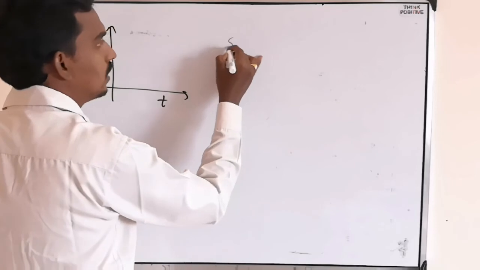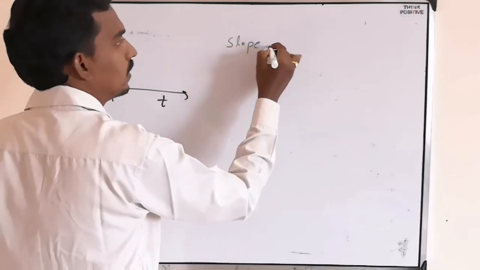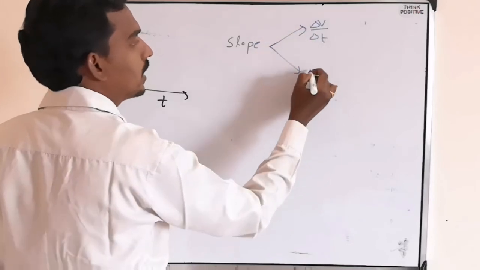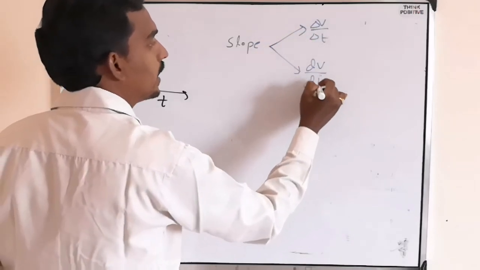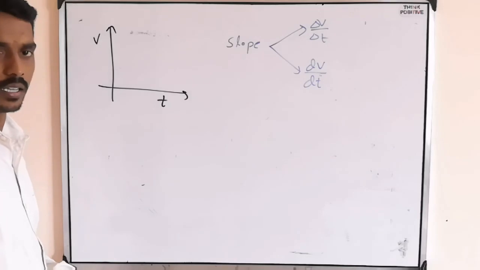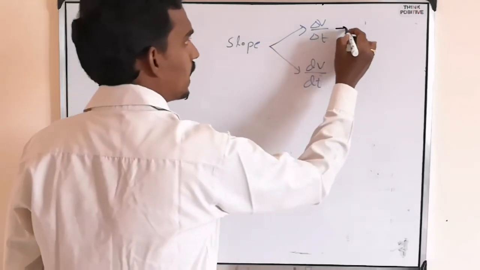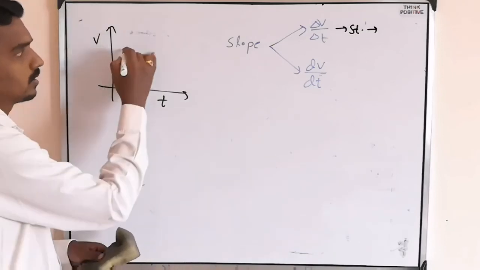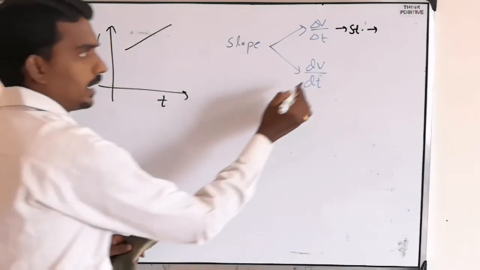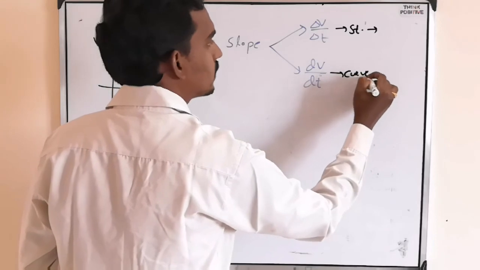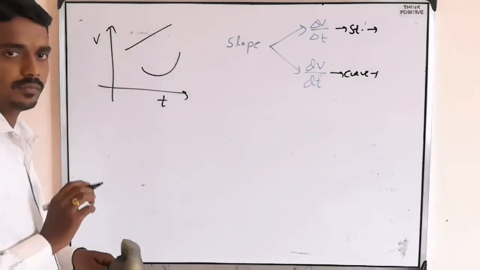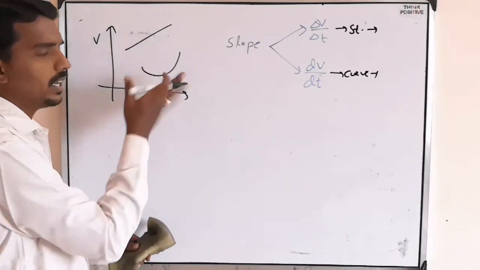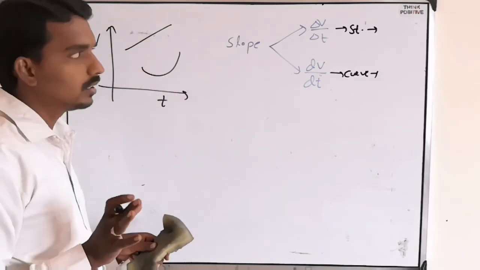Then slope may be delta v by delta t or dv by dt. Both chances are there. Delta v by delta t if the graph is straight. dv by dt if it is curve. Because graph is possible anything.